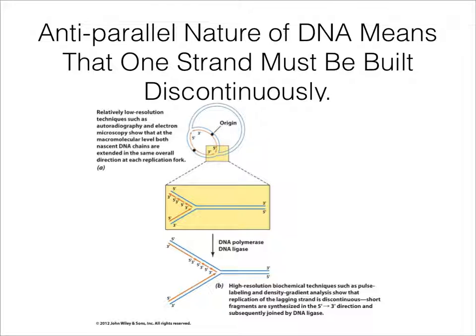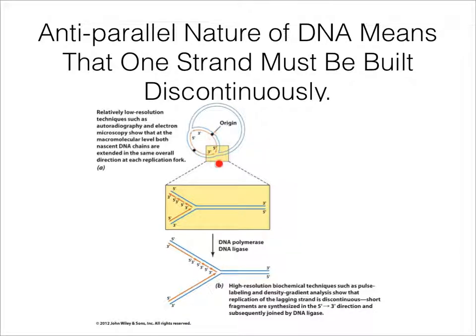So this leads to a problem in DNA synthesis. If you'll recall, DNA is built bidirectionally. You start at the origin of replication, and then you build this way, and you build this way.